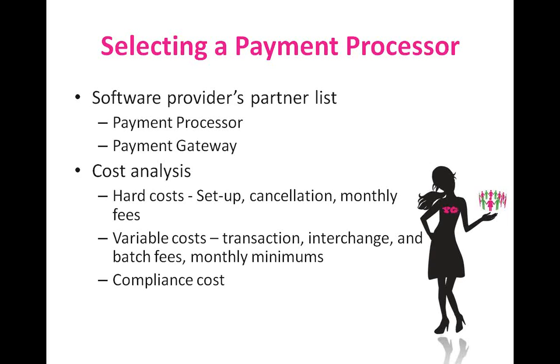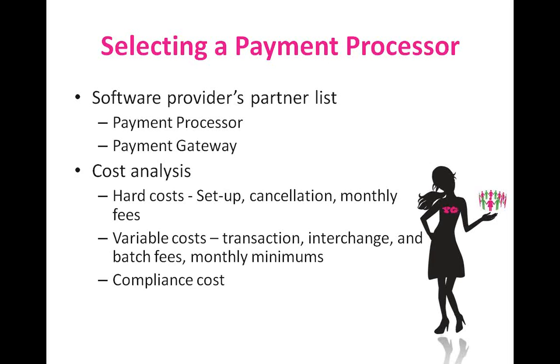Really, you need to look at the cost analysis, though. It's important that you compare the options, and there are so many different levels of cost that can be included with the payment processor. You want to be very well aware of them before you jump into it. Hard costs I would consider are setup and cancellation and monthly fees. These are the things that are one-time cost or a repeating cost.